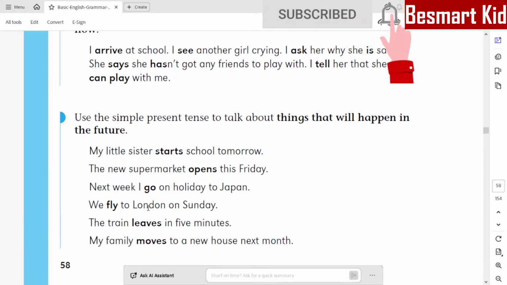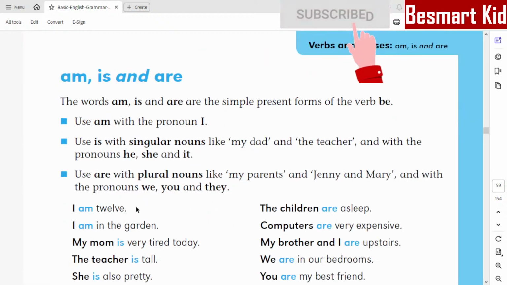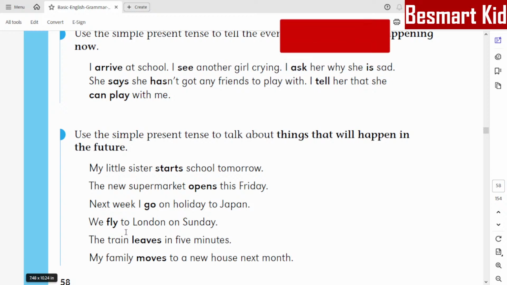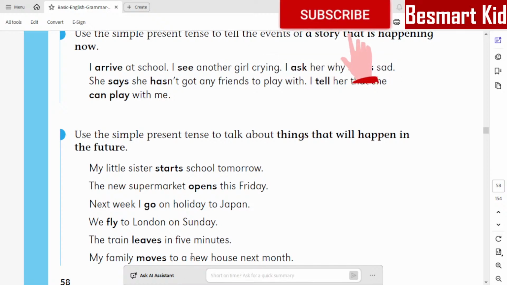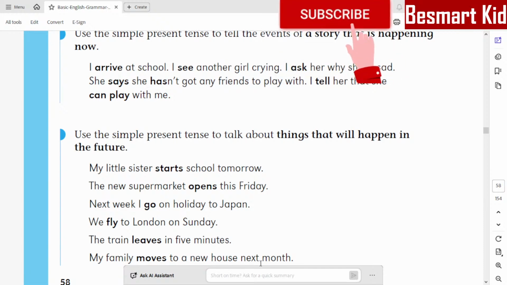Next week, I'll go on holiday to Japan. We fly to London on Sunday. The train leaves in 5 minutes. My family moves to a new house next month.